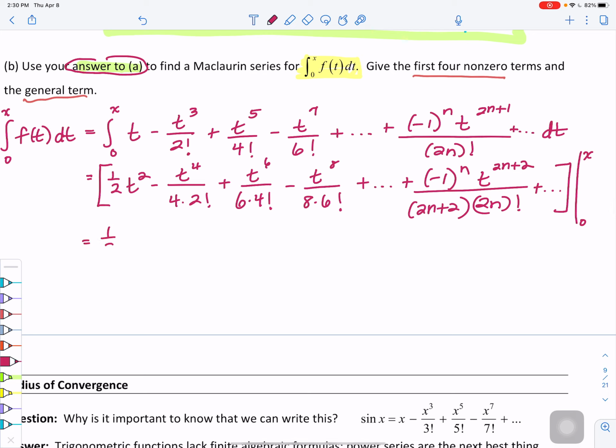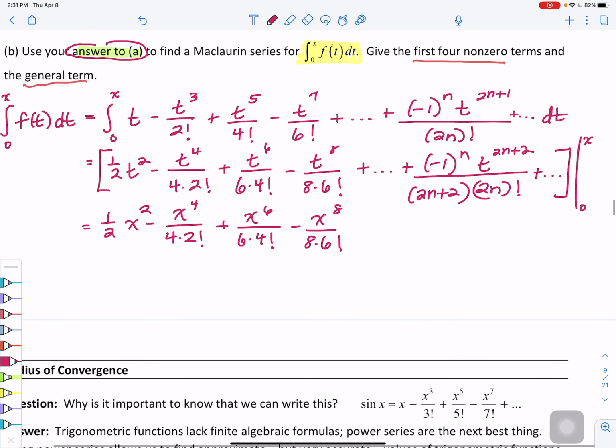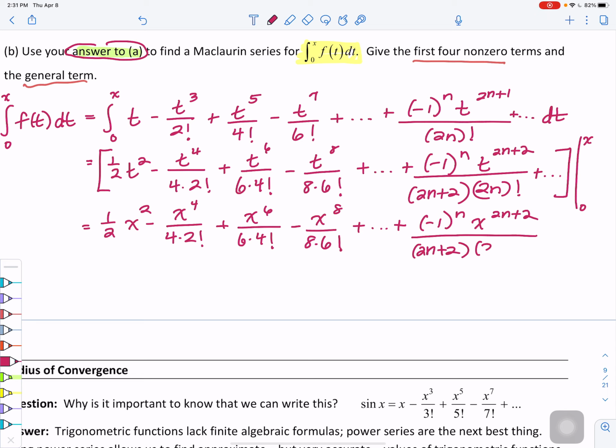So here we have 1/2 x squared minus x to the 4th over 4 times 2 factorial plus x to the 6th divided by 6 times 4 factorial minus x to the 8th all over 8 times 6 factorial plus dot, dot, dot plus negative 1 to the n x to the 2n plus 2 all divided by 2n plus 2 multiplied by 2n factorial.